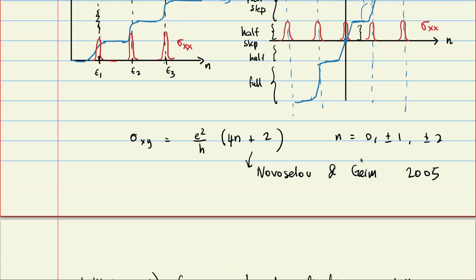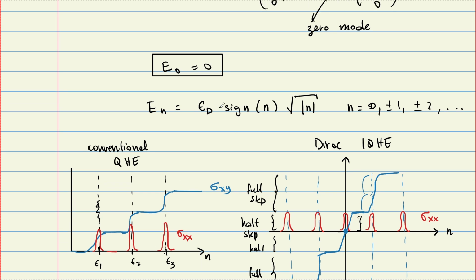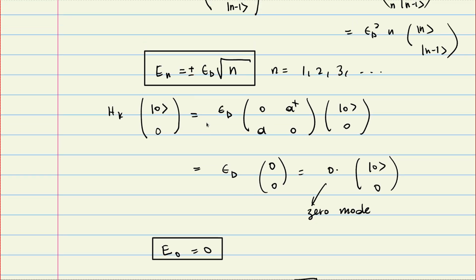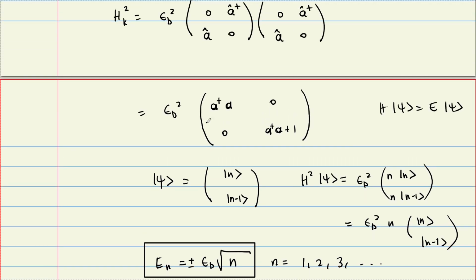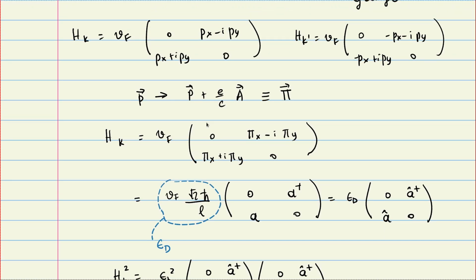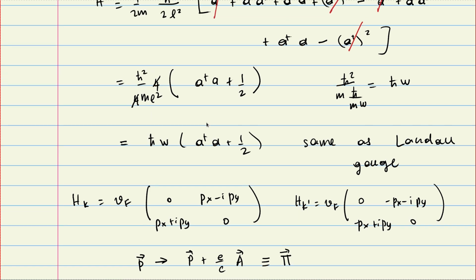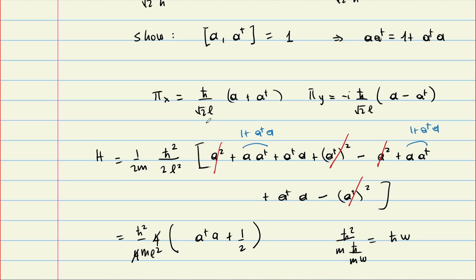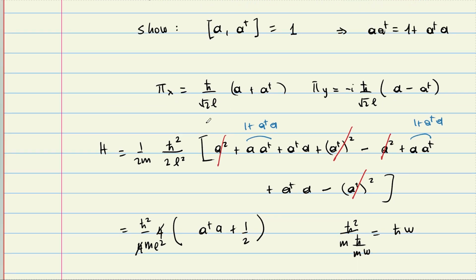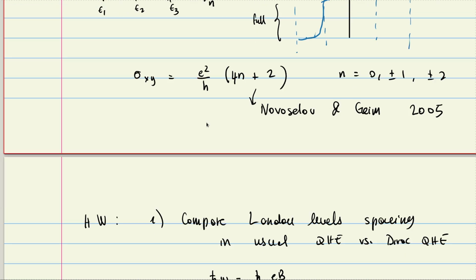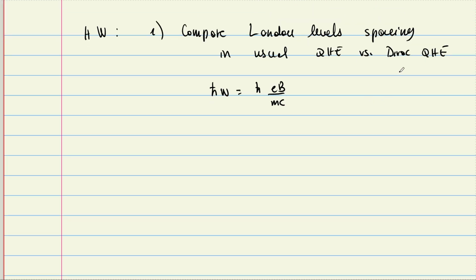Landau level spacing, as you can see here, is going to be proportional to E_D, and E_D is going to be proportional to, where did we write it? h bar v Fermi over l. Okay. Here it is v Fermi root 2 h bar over l.